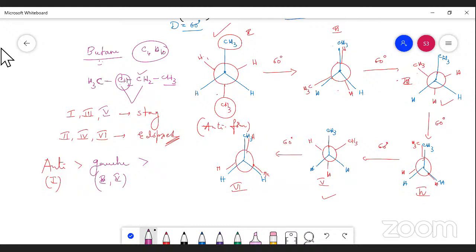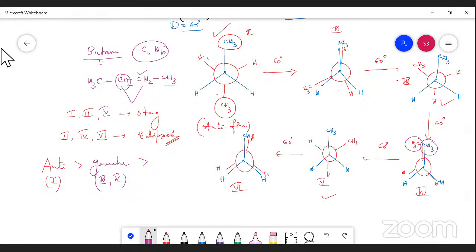So the second and 6th structures are partially eclipsed. Whereas check the 4th structure: here the 2 bulky groups overlap. When the 2 bulky groups are very close to each other, there is a strong repulsion. So this is a fully eclipsed structure.